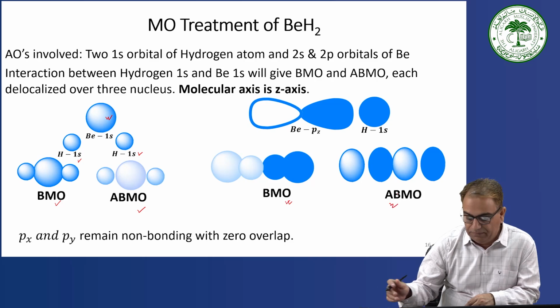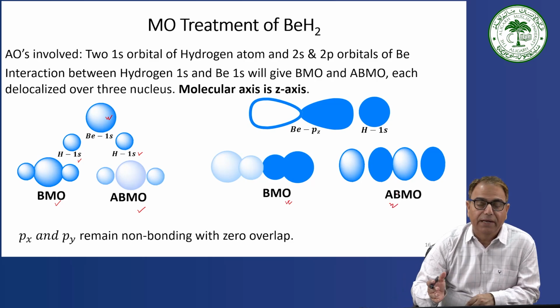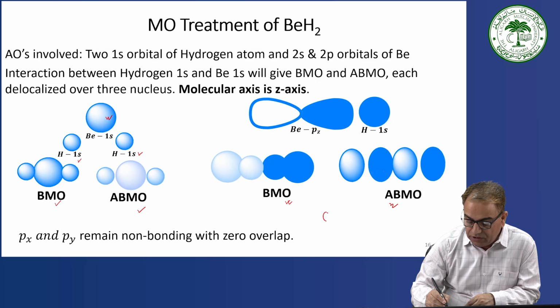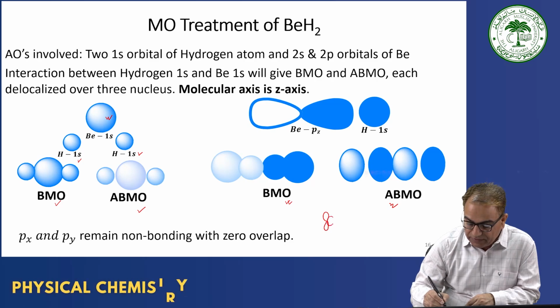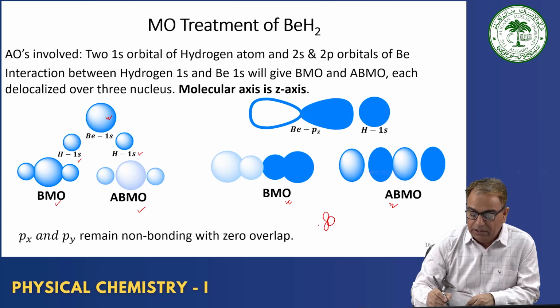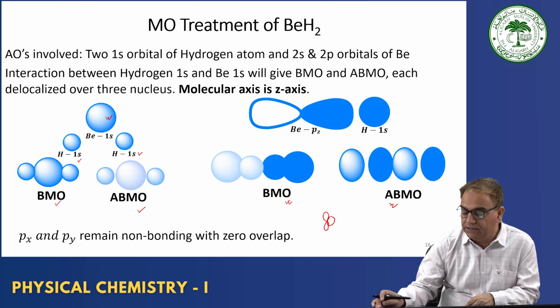The px and py will not combine; they will remain non-bonding with zero overlap, because if you draw a px orbital and the s orbital of a hydrogen atom, a combination of these two is not feasible. So they will remain as non-bonding molecular orbitals with zero overlap. The molecular axis we take as the z axis.